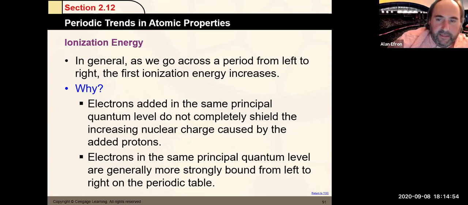Remember that as you go left to right on the periodic table, the atomic number increases. The increase in atomic number means more protons. More protons means everybody's going to be pulled in tighter to begin with. Electrons in the same principal quantum level are generally more strongly bound from left to right on the periodic table because of that.